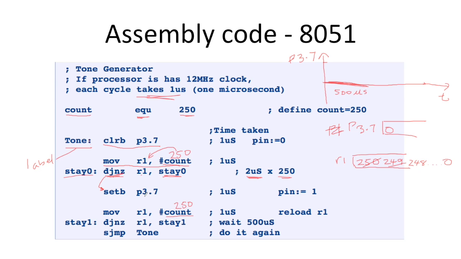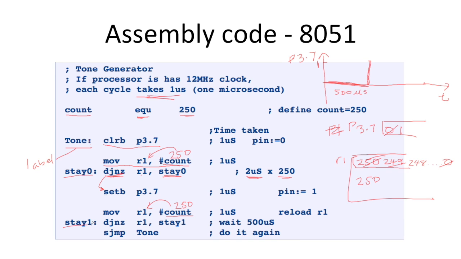After this, we set the 7th pin on port 3 to 1. So this becomes a 1 after 500 microseconds. Next, we move the value 250 again into R1, so R1 becomes 250 again.